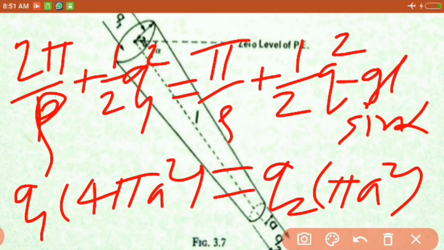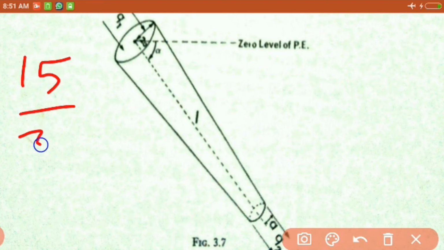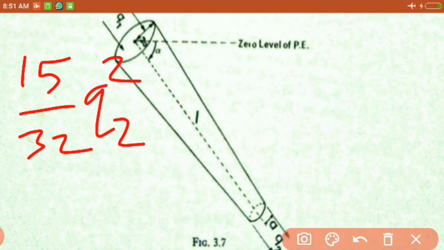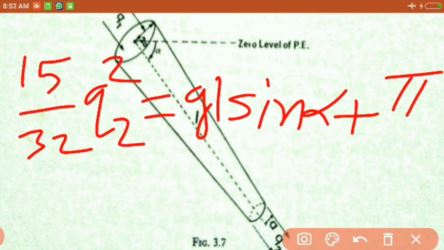From these two equations, after calculating, I will write directly: 15 upon 32 Q2 square is equal to GL sin alpha plus p by rho, giving the desired exit velocity.